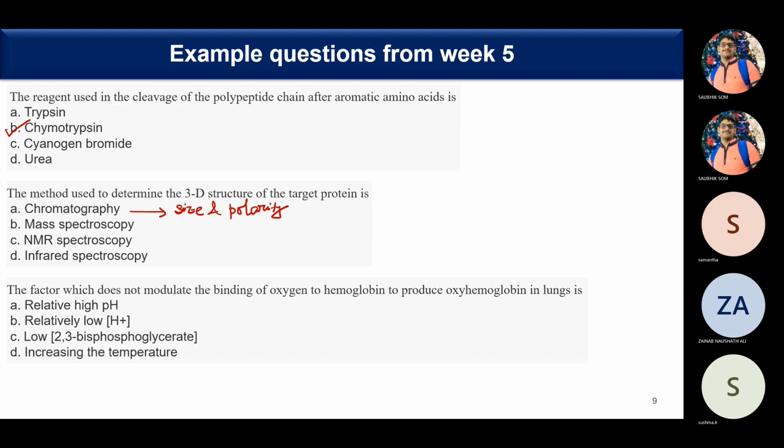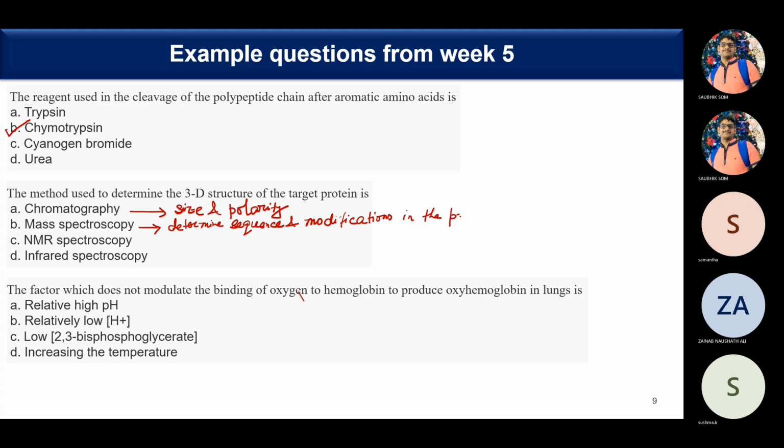Mass spectroscopy is mainly used to determine, not structure, but the sequence and modifications in the protein.